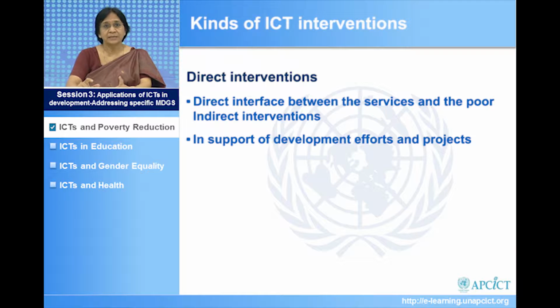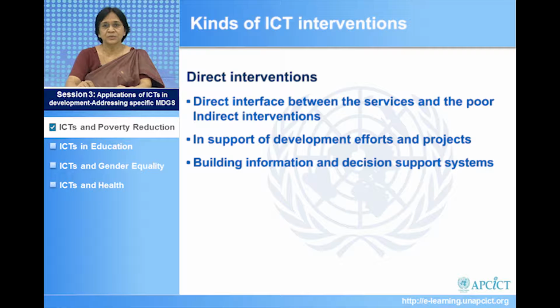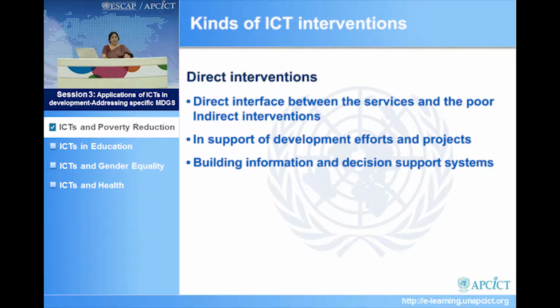And indirect ICTs may be in terms of a specific program or goal, or in terms of building information and decision support systems. And so we will be looking at both direct interventions and indirect interventions, and we will be linking these to each of the Millennium Development Goals.